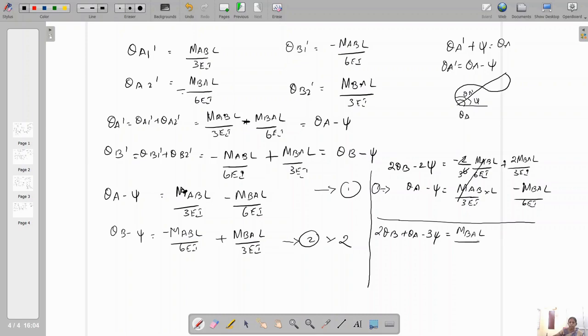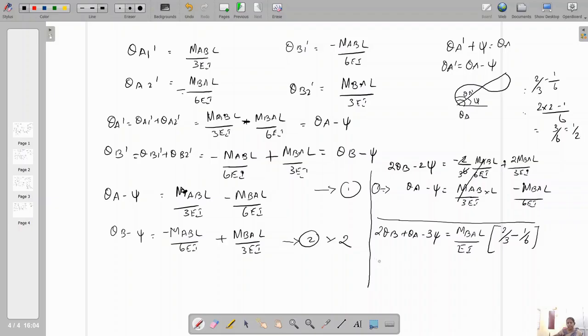You will get 2/3 minus 1 by 6. What is 2/3 minus 1 by 6? You take common as 6. So multiples of 2, 2 into 2 minus 1. So it is 3 by 6, finally 1 by 2.